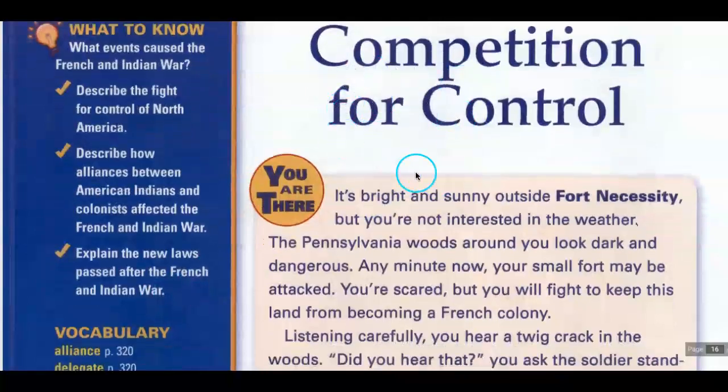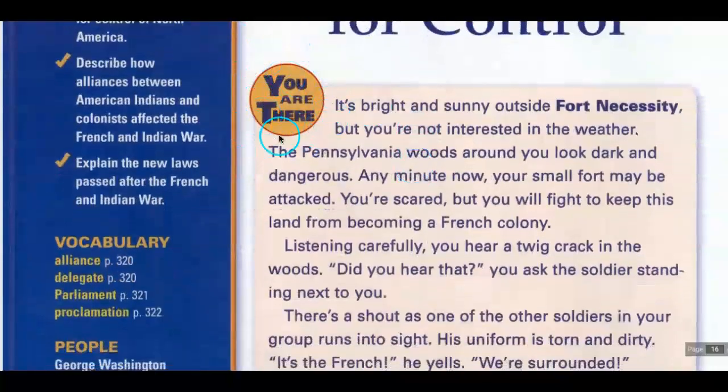Competition for control. You are there. It's bright and sunny outside Fort Necessity, but you're not interested in the weather. The Pennsylvania woods around you look dark and dangerous. Any minute now, your small fort may be attacked.